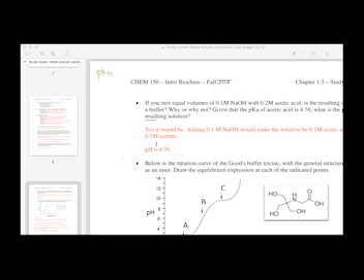And pKa 1 for lysine is 2.18. And the other one is 8.95. And the third one is 10.53.